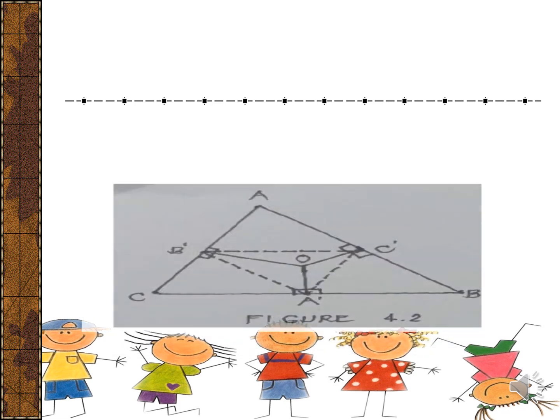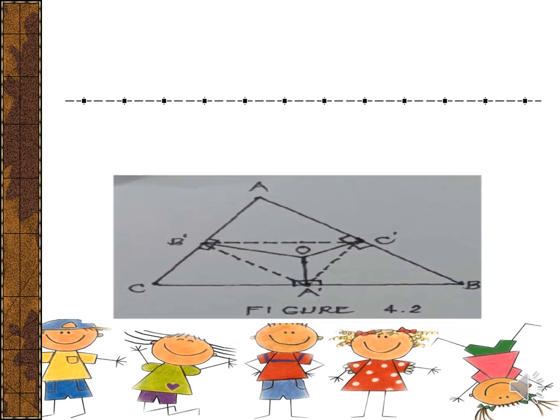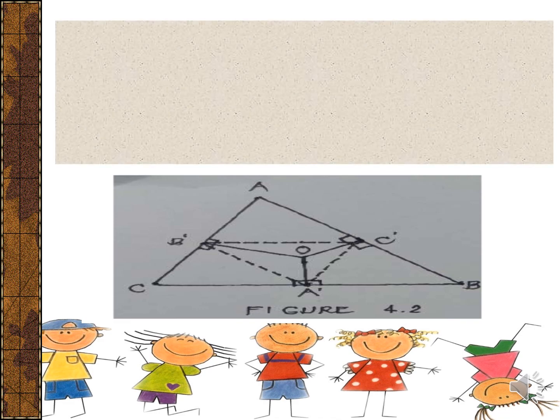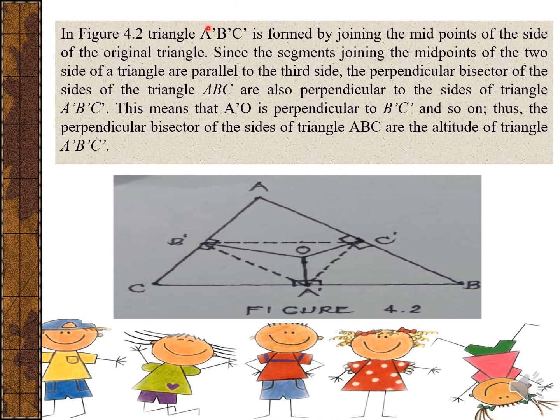In Figure 4.2, let's say the triangle A'B'C' is formed by joining the midpoints of the sides of the original triangle ABC. We can see that A', C', and B' are the midpoints of each side.